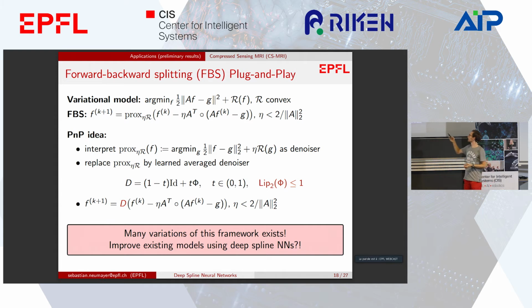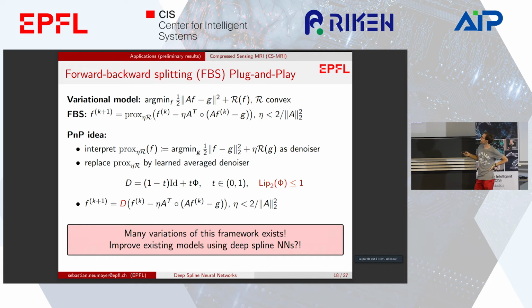We replace this by a learned averaged denoiser, given by (1 minus t) times identity plus t times phi. Phi is the denoiser that we learned, and it must be 1-Lipschitz. This is a parameterization by a 1-Lipschitz neural network. Then we just replace the proximal operator and do the same iterations.